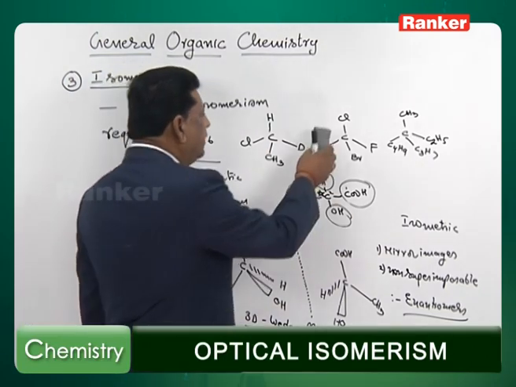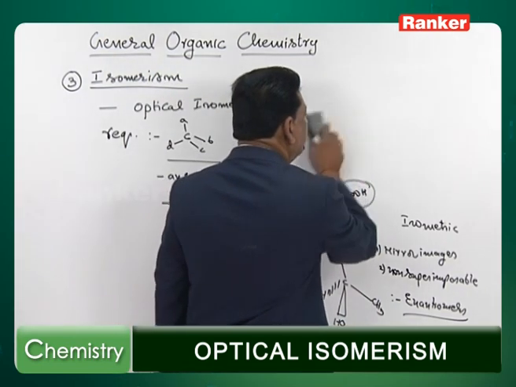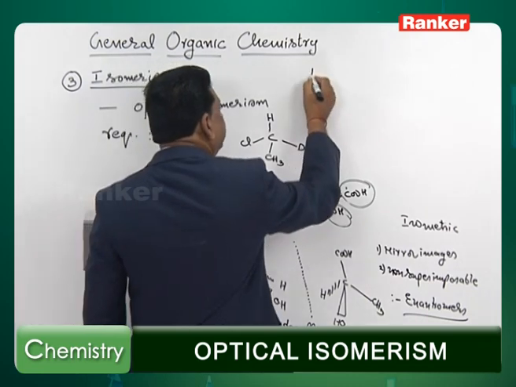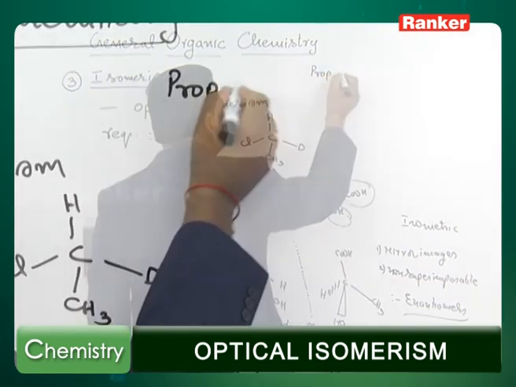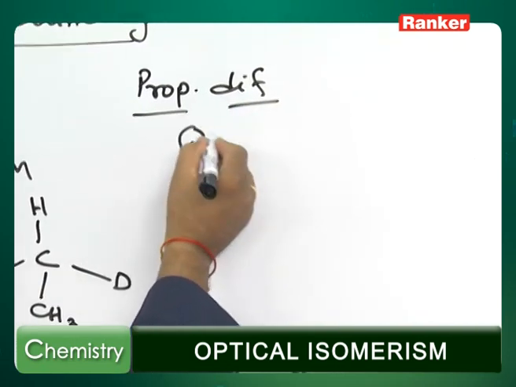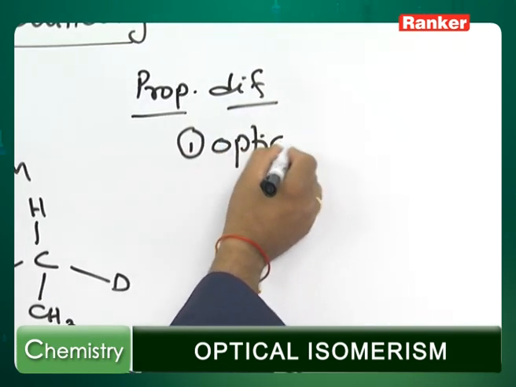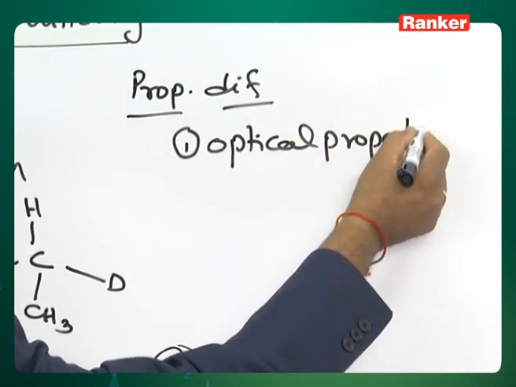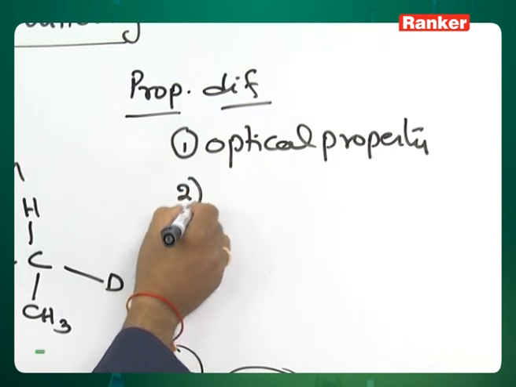The molecules will have the same properties except very few. What is that? What are the differing properties? Difference in the property means one of the properties is an optical property. This property I will explain, but let us go to another property.